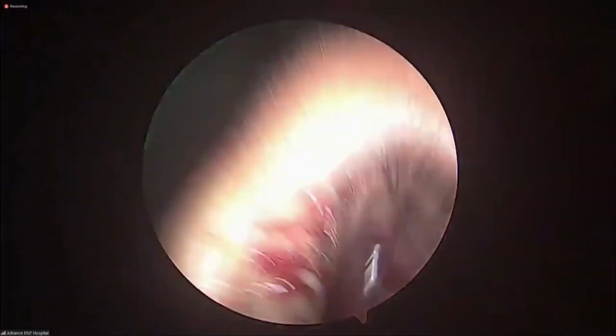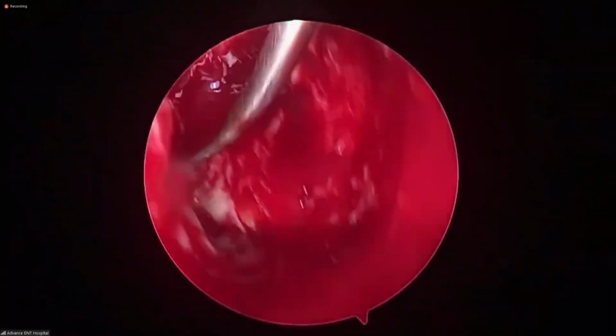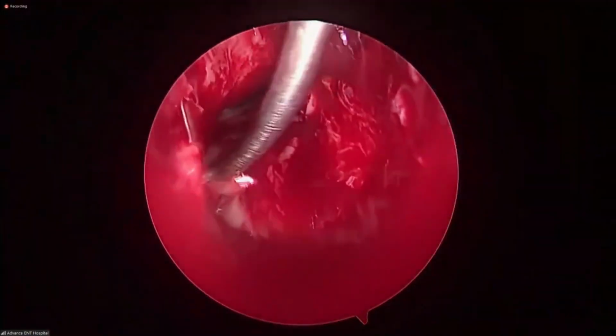Let me clear it first thoroughly and then the remnant of the cell laterally.